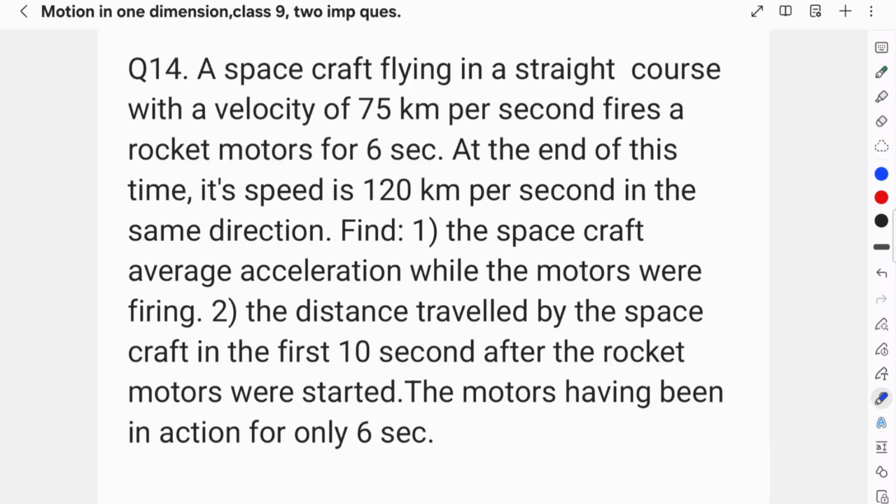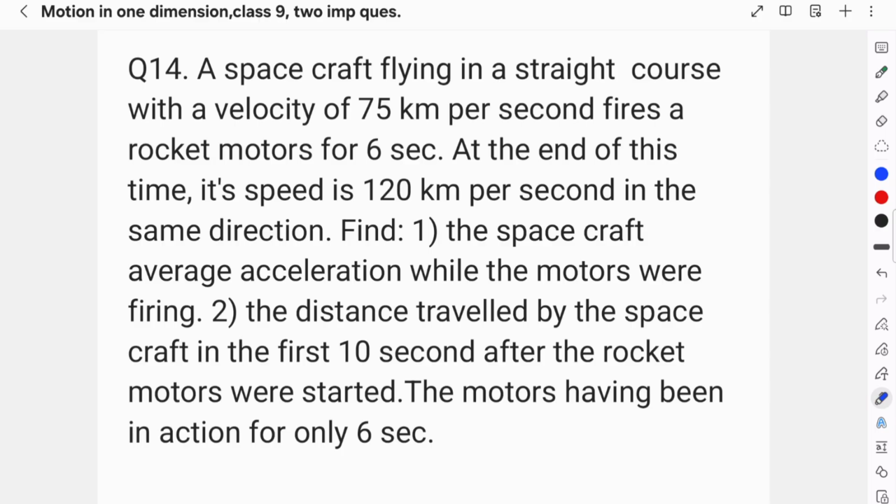The question says a spacecraft flying in a straight course with a velocity of 75 km per second fires a rocket motor for 6 seconds. At the end of this time, its speed is 120 km per second and in the same direction.